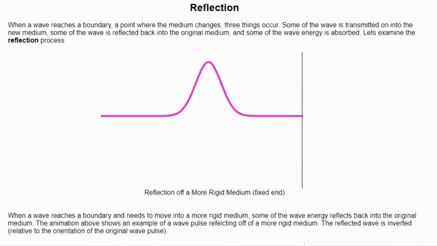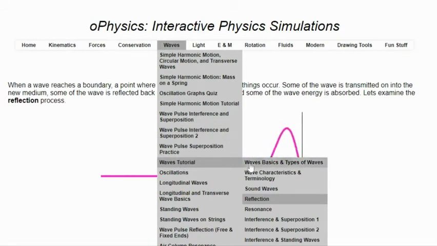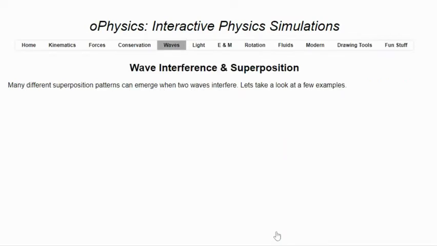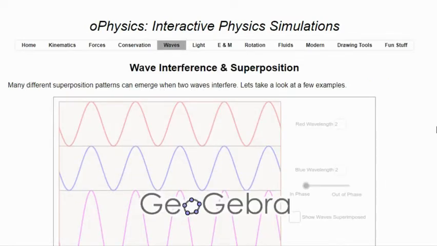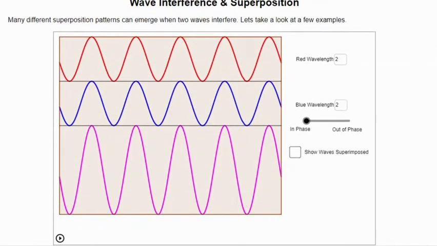All right, one last simulation that I want to talk about here and share some terminology with you. It is this one, interference and superposition 2. Now, what I want you to imagine is that this top series of wave pulses, really a periodic wave with a given wavelength, is going to be moving in one direction.